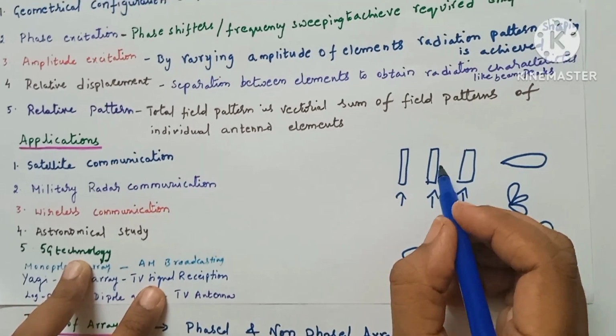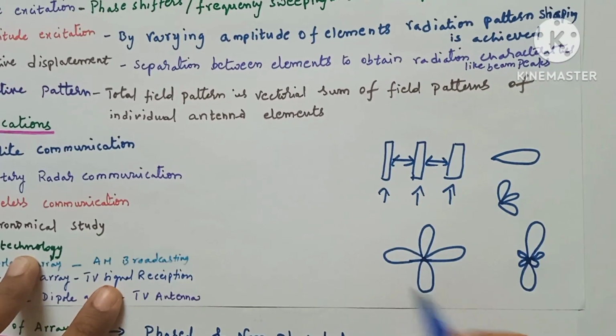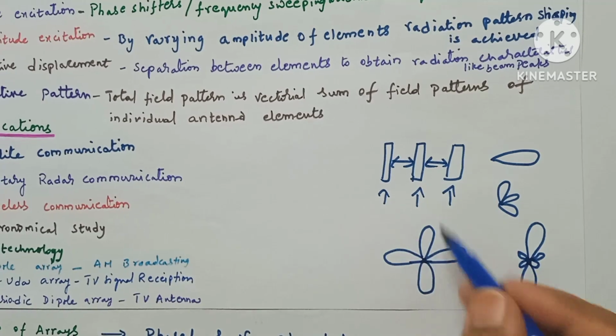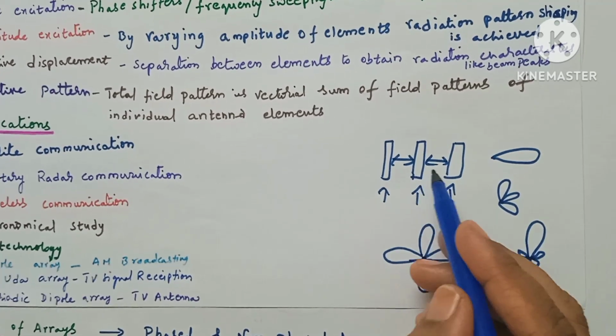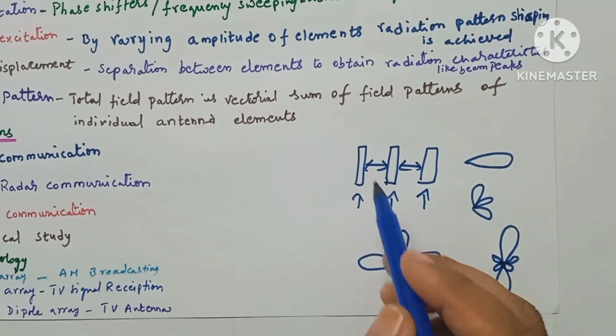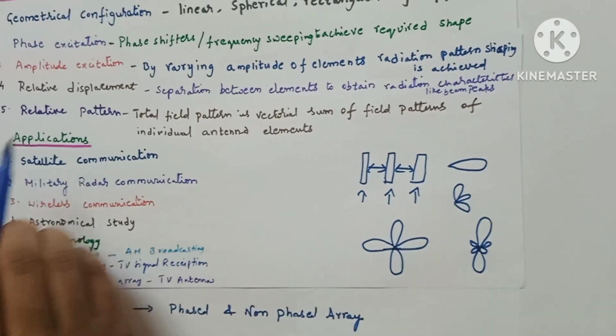So by changing the separation or distance between the elements, the output radiation patterns will change like this. That means the output radiation beam can be controlled by adjusting the spacing between the elements. This is also one of the controlling methods of the radiation output pattern.